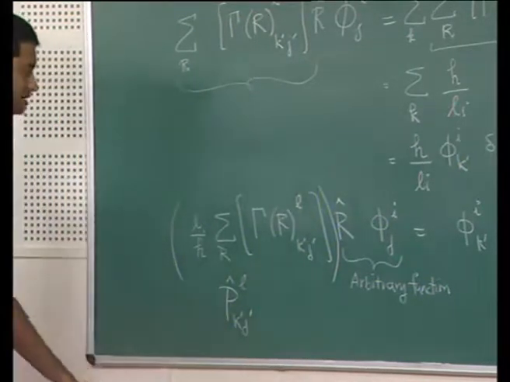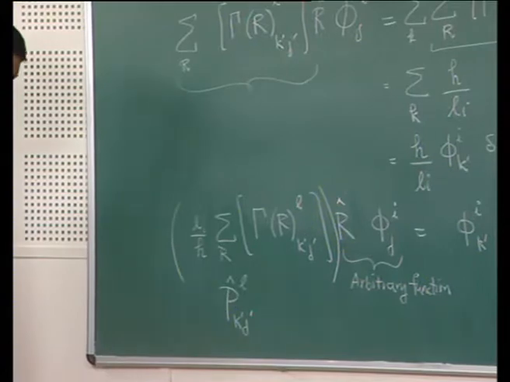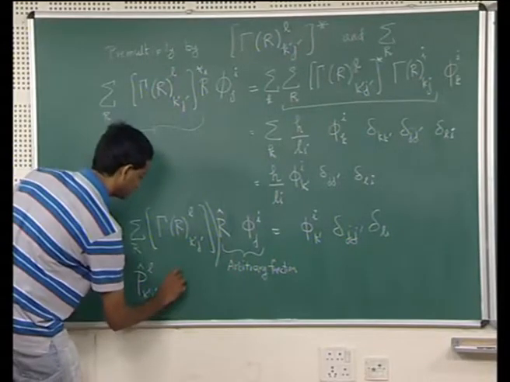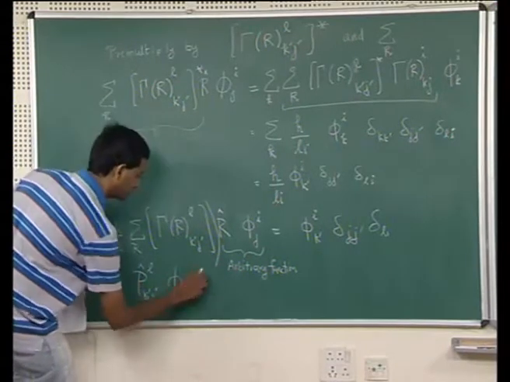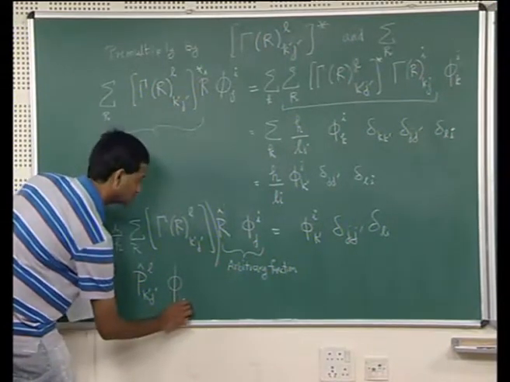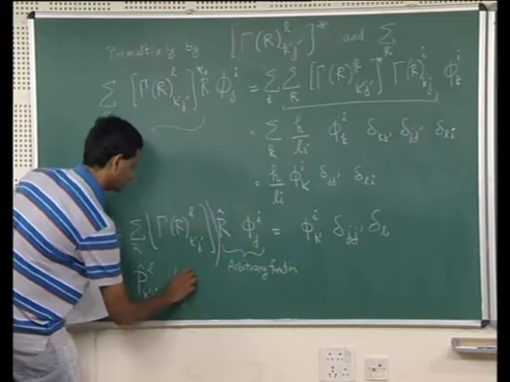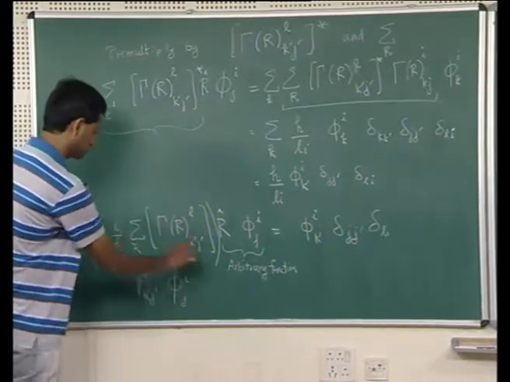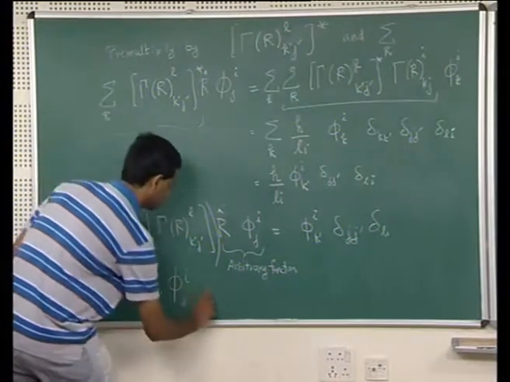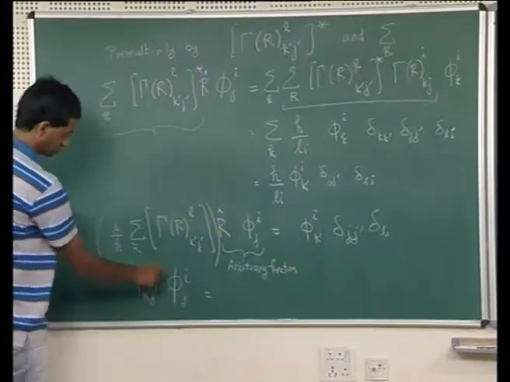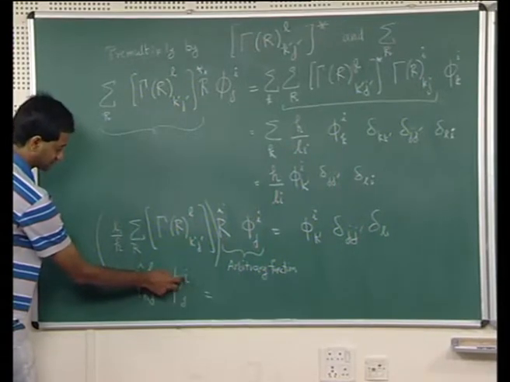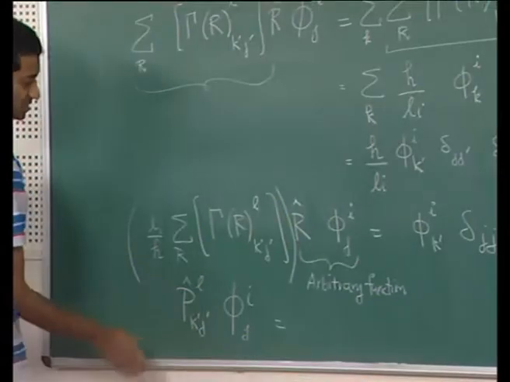So onto the k prime j prime element, and when this operator acts on some function phi j I, which is a basis function in the ith representation, it takes it to the nth representation.